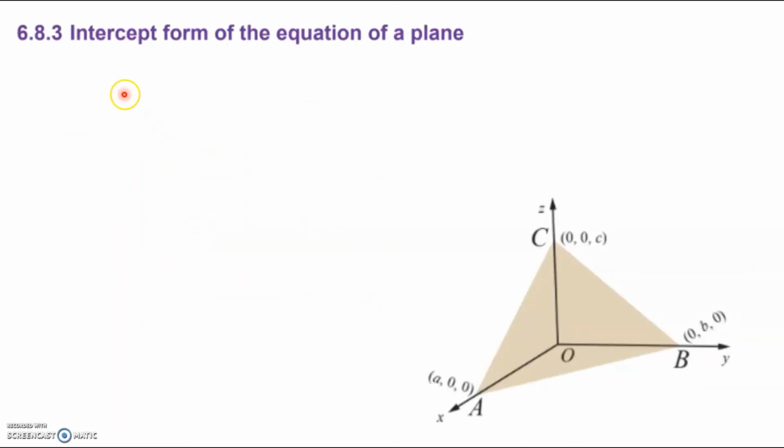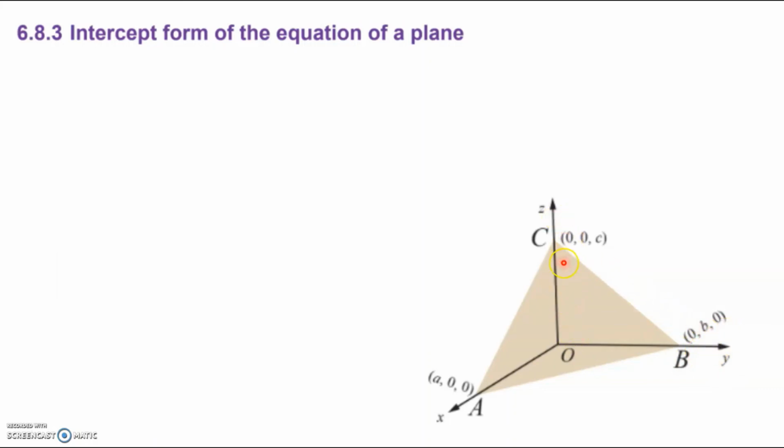Next, let's look at a scenario where we know where the plane intercepts the x, y and z axes. So let's say that the plane intercepts the x-axis at the point A, which is defined as a, 0, 0. Similarly, the y-axis at B, which is defined as 0, b, 0.